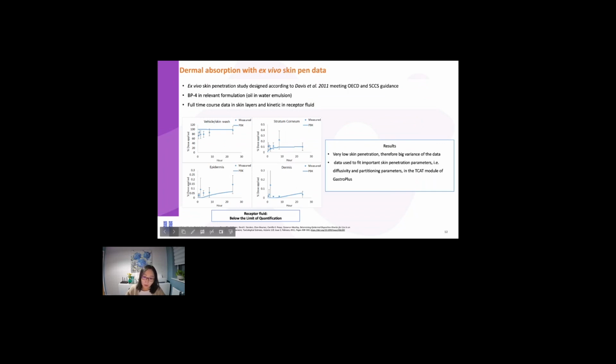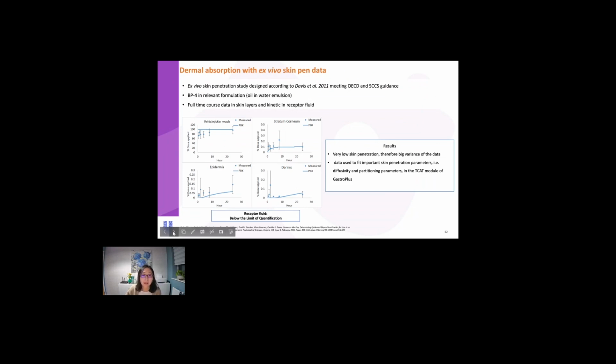However, in receptor fluids, everything was below the limit of quantification due to low absorption. Then we use this data to fit very important skin penetration parameters, for example, diffusivity and partitioning parameters, in the TCAT module of GastroPlus. Once we're happy with the model, we can then translate it into a human exposure scenario. And next one, please.